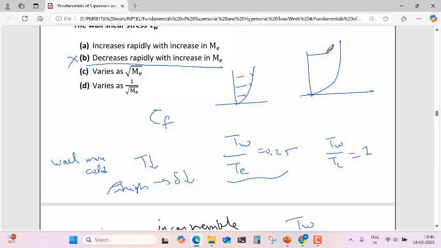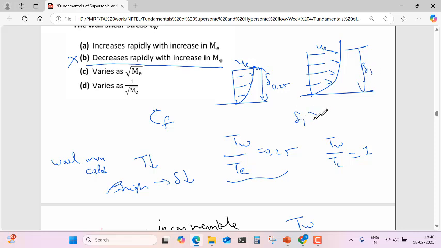So here we have UE and here UE. This is delta for TW by TE of 0.25, and this is delta for 1.